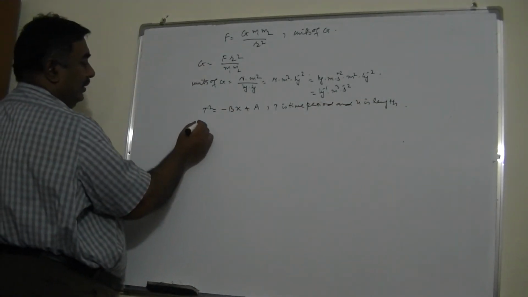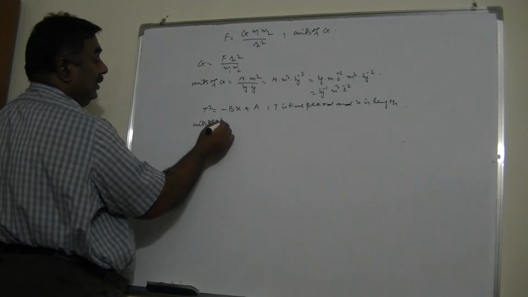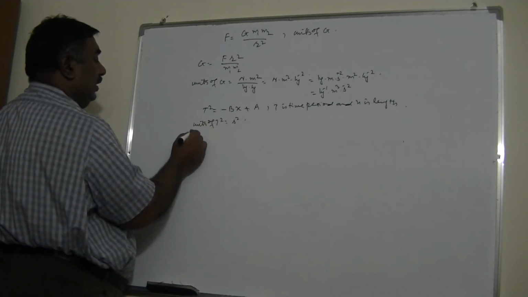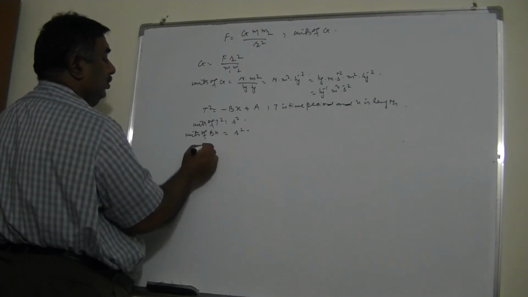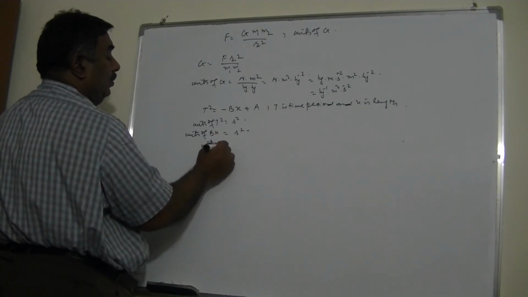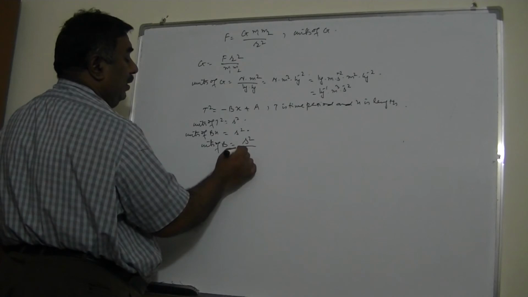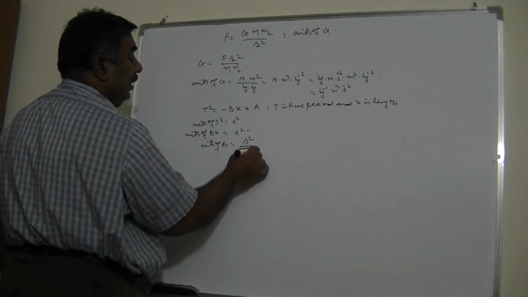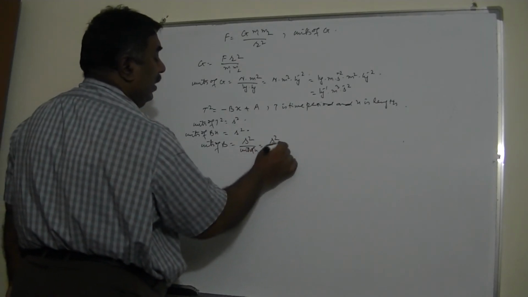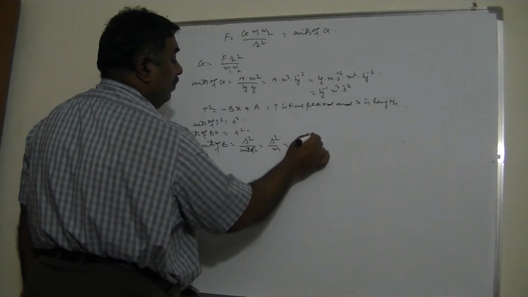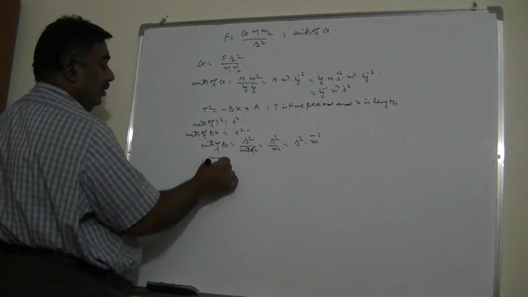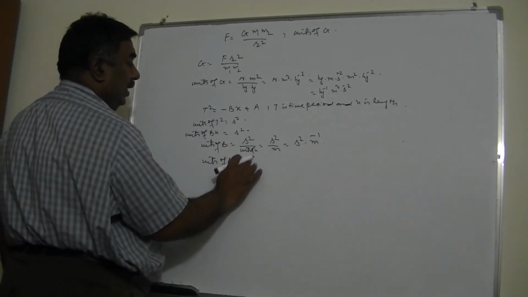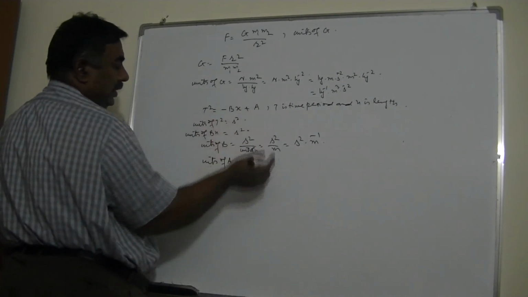So I will first write units of t square as second square. So I clearly can say units of bx will also be second square. So units of b will be second square upon units of x. So it will be second square upon meter, or second square m power minus 1, units of b. And units of a are just second square, since it's t square.